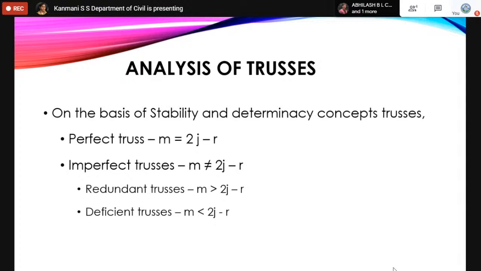If the number of unknowns in the truss is greater than the available equations of equilibrium, we call it a redundant truss. Redundant trusses are nothing but indeterminate trusses. On the other hand, if the number of unknowns is less than the equations of equilibrium, we call it a deficient truss. As I told you, it is an unstable truss.